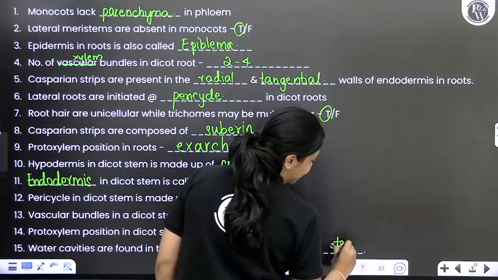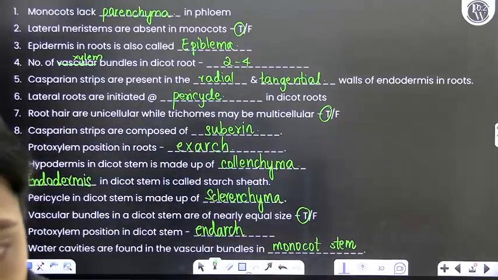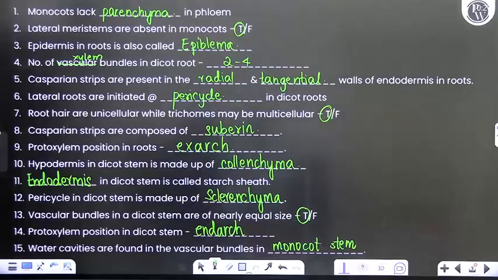How many of you all have got all the answers correct? All done? Are they all correct? Ranit, what is pith? Hating Shri. Why are you hating Shri?